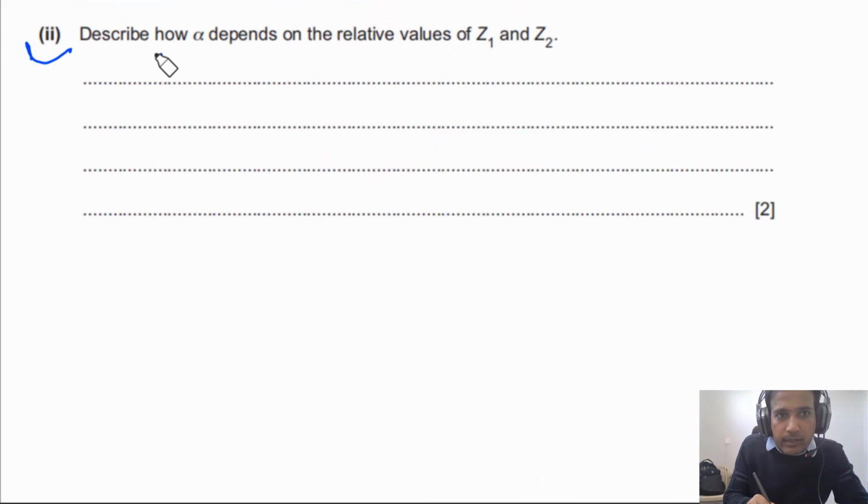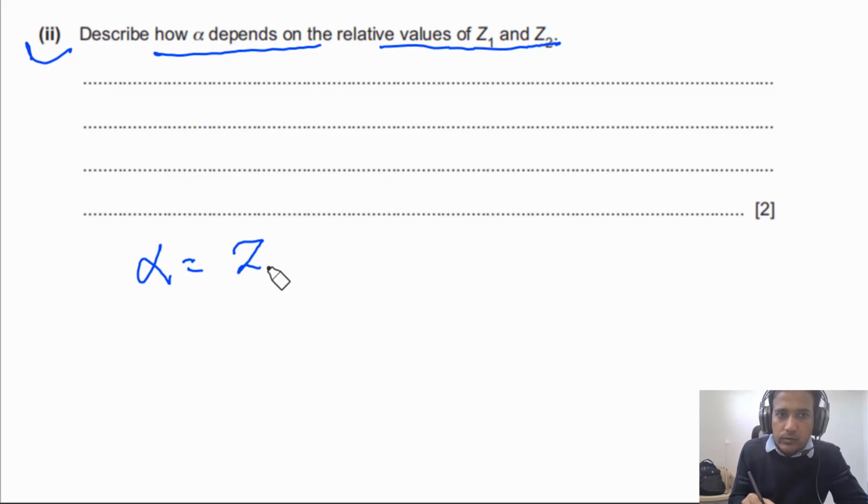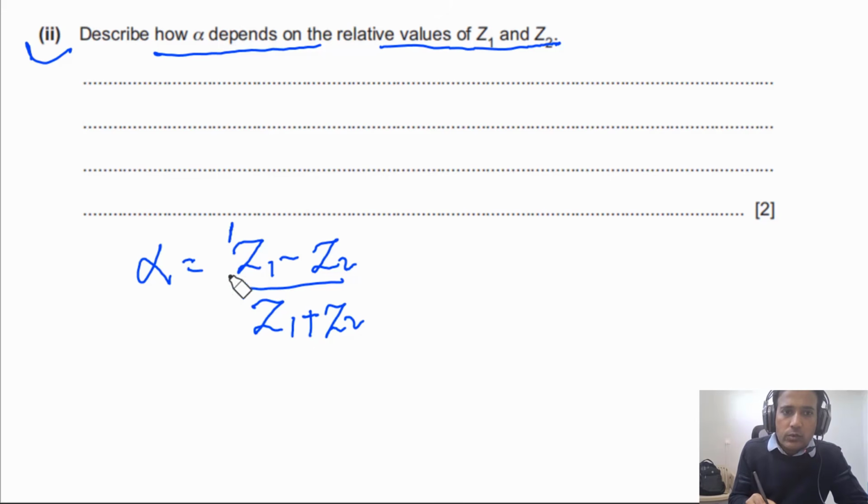The second part says describe how alpha depends on the relative values of Z1 and Z2. First of all, we can simply write alpha is equal to Z1 minus Z2 divided by Z1 plus Z2, squared.